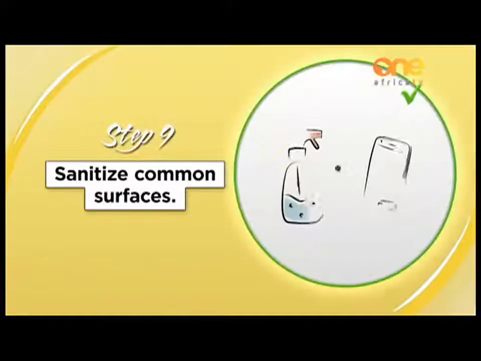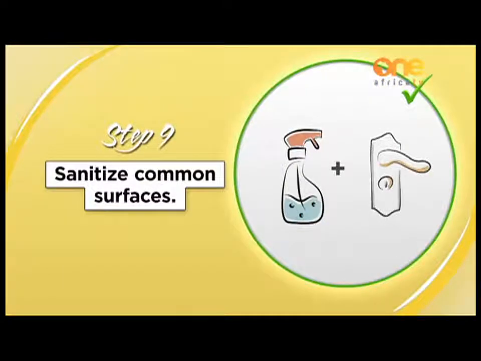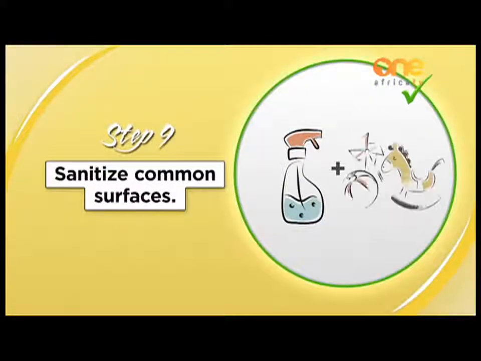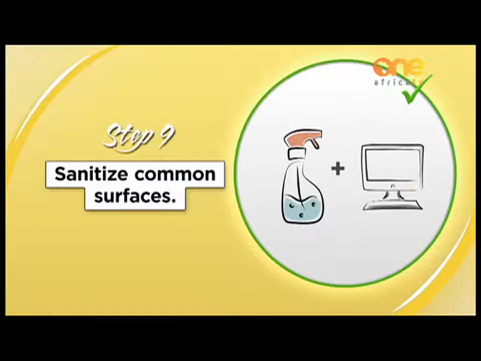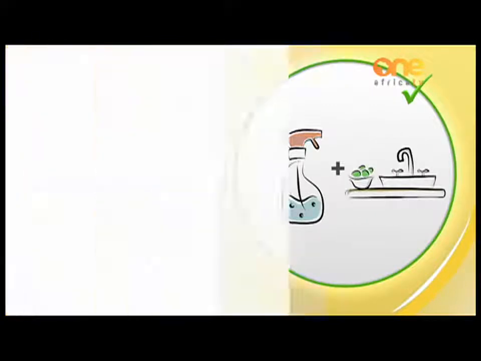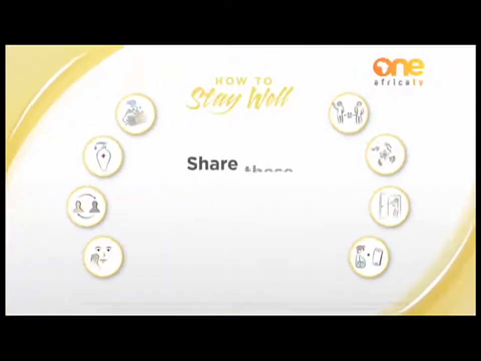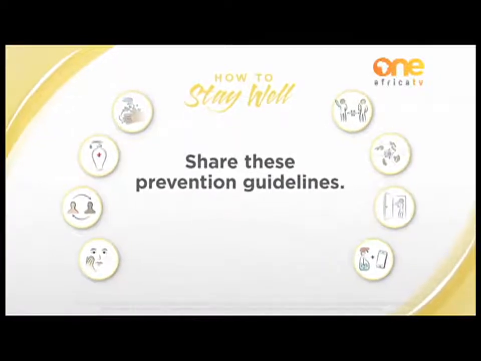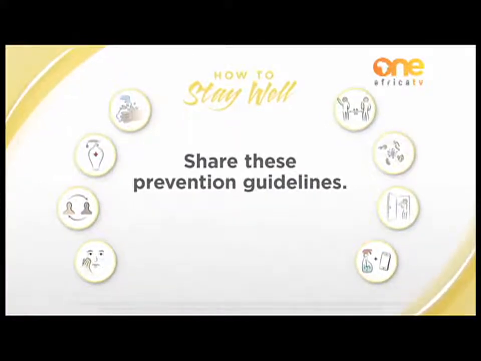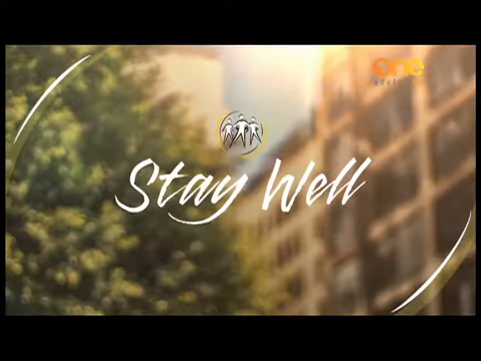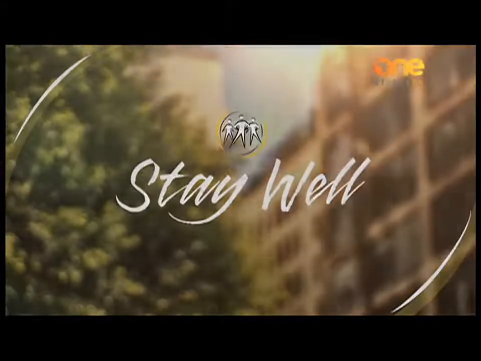Clean and sanitize frequently touched common surfaces and high-traffic areas in your home and workplace several times a day. Share these guidelines with others and help prevent the spread of illness and maintain a healthy environment. An ounce of prevention is worth a ton of cure.